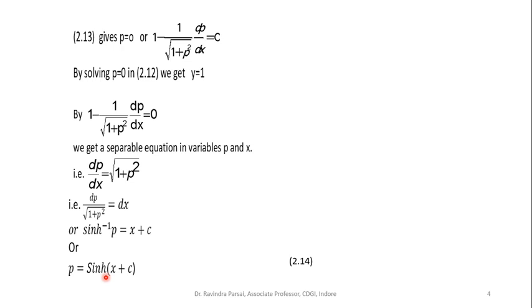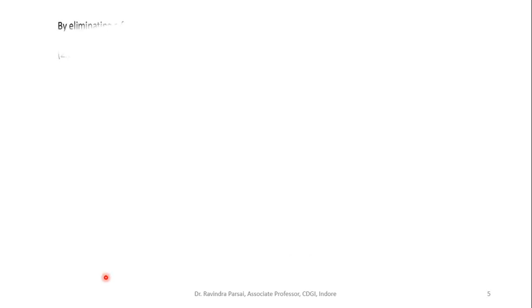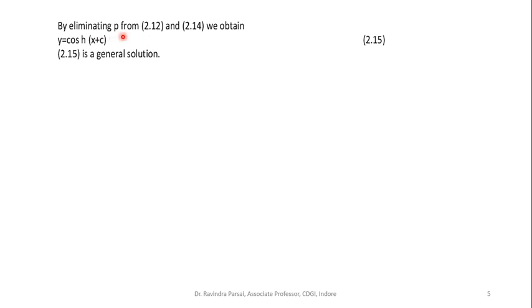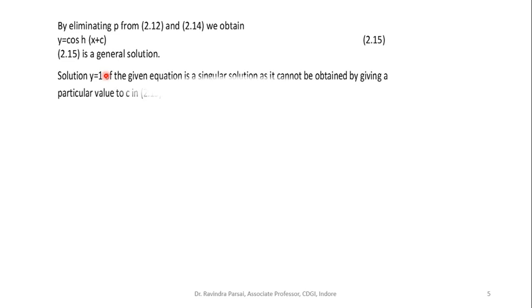So now in this problem you are getting p, and so you can eliminate p from 2.12 and 2.14. You obtain y equal to cos hyperbolic of x plus c, and y equal to 1 of the given equation is a singular solution, as it cannot be obtained by giving a particular value to c in equation number 2.15.